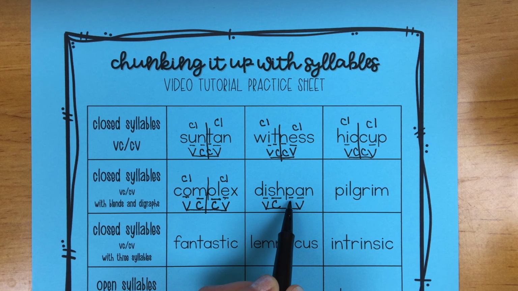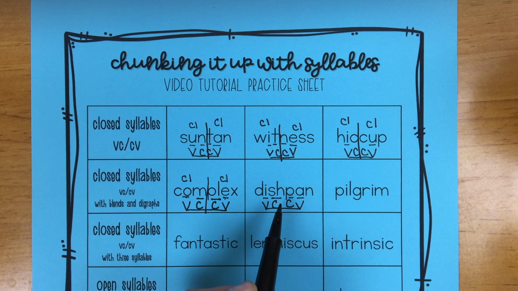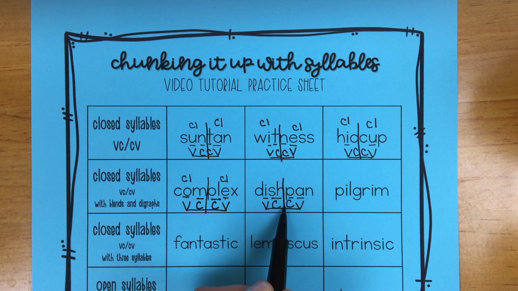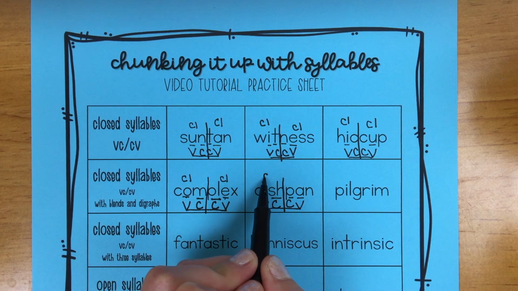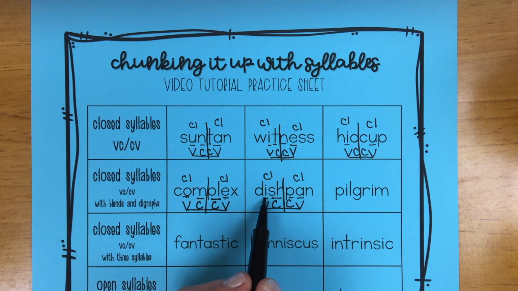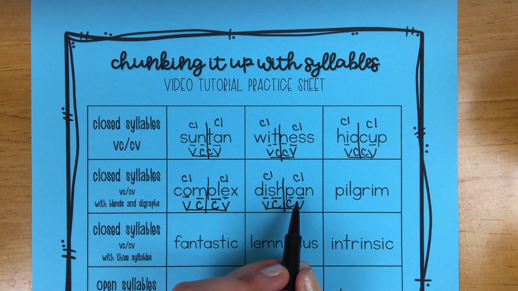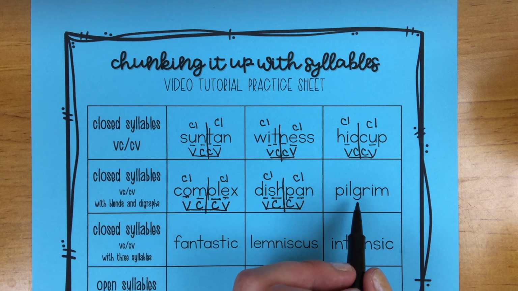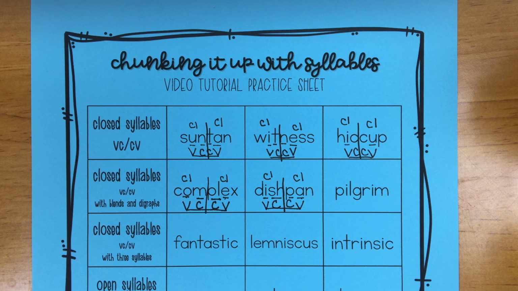There's one consonant sound and another consonant sound, and we can divide between them. Both of my syllables are closed. My vowels are going to make a short sound, and the word is dishpan. Again, go ahead, pause your video, take some time to decode the next word. When you're ready, resume the video to reveal the answer.